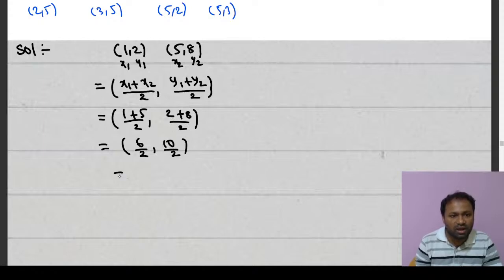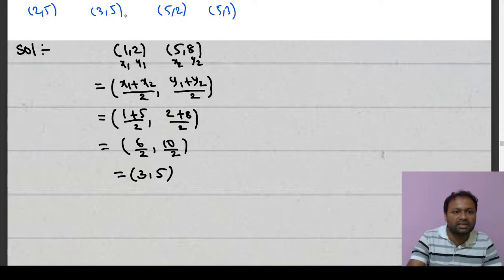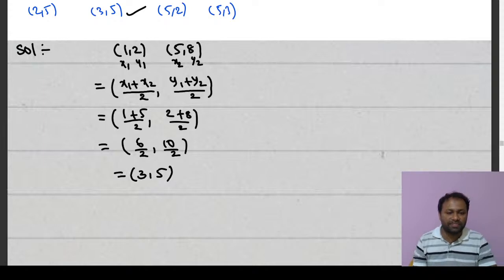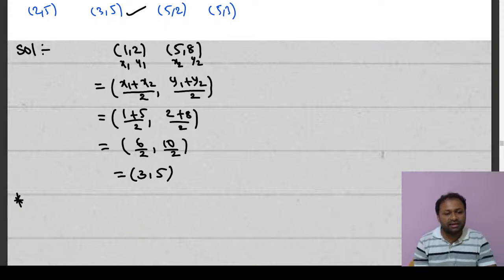So the answer is 2 3s are 6 and 2 5s are 10. Yes, I think your answer is correct. The answer is ordered pair 3 comma 5. Okay, easy to do. So let us do one more problem based on this.